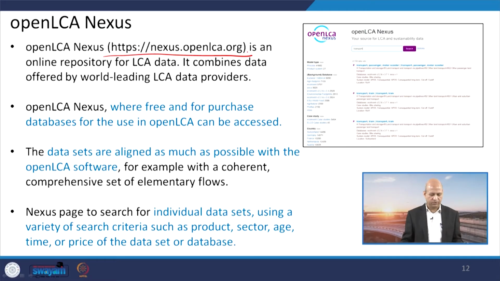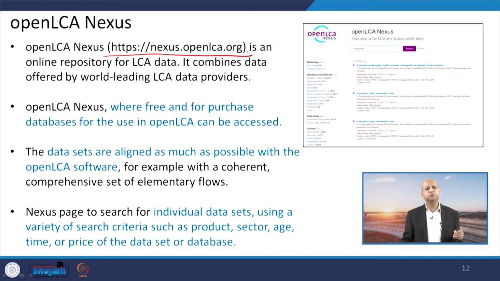Okay. Then these data sets are aligned as much as possible with the openLCA software, so that you do not need to process them further, it is kind of a ready-made thing you can use, and a very coherent and comprehensive set of elementary flows is ensured.